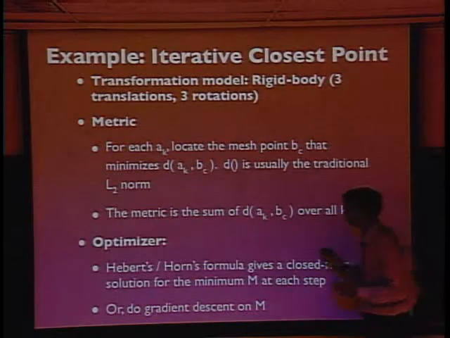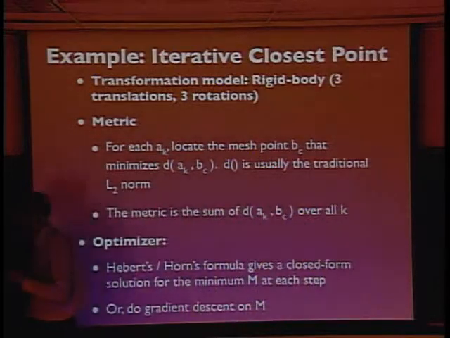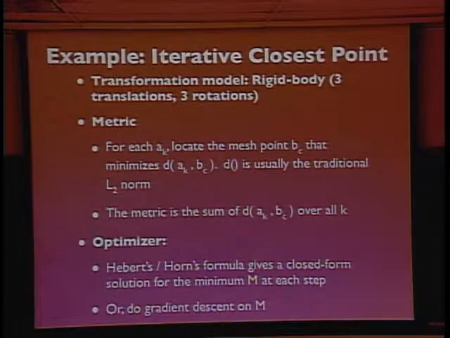And then there's a closed form solution for finding the transformation that minimizes the sum of those distances for that particular set of correspondences. So really what you're doing is taking every point on the moving mesh, assuming that it corresponds to the closest point on the fixed mesh, and then finding the transformation that minimizes the sum of squared errors between them. So this is both the intuitive thing about ICP, and it's also where it gets into problems.